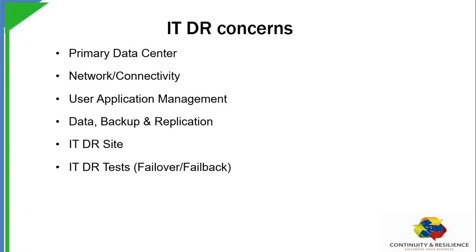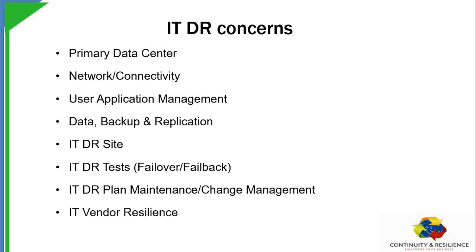ITDR testing: when you have a site, you also need to test it. There should be a failover or a failback. Then there is ITDR maintenance or change management, and then IT vendor resilience, which is basically how you manage the vendors who are providing your technology. We will talk about these concerns in detail in subsequent slides.